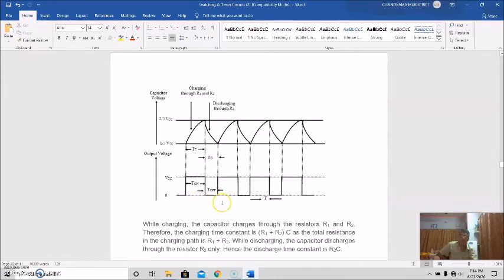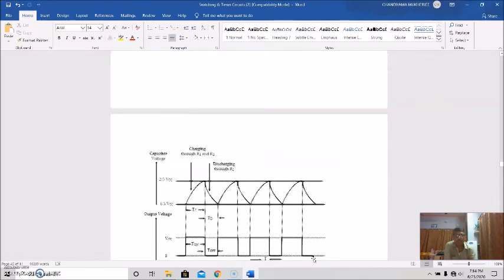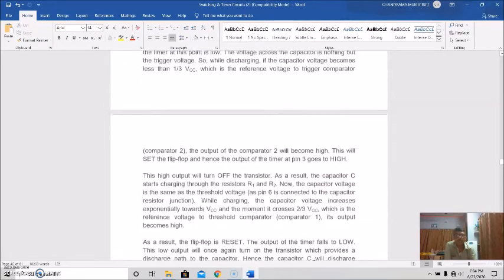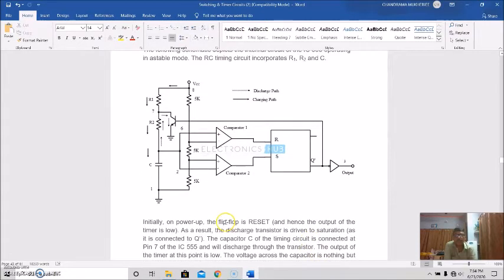While charging, the capacitor charges through the resistors R1 and R2, and as I told you, the charging time constant is R1 plus R2 into C, and the total resistance in the charging part is R1 plus R2, while for the discharging part, the total resistance is only R2, and the discharging time constant is R2 into C. That is shown here.